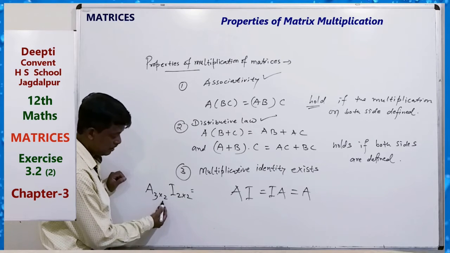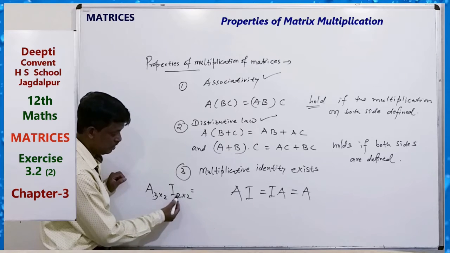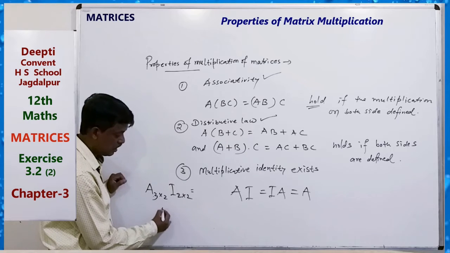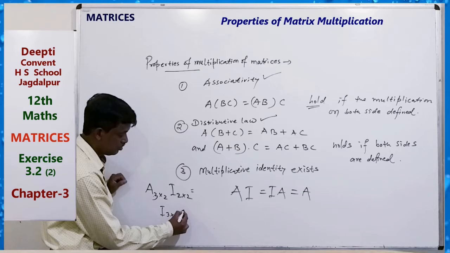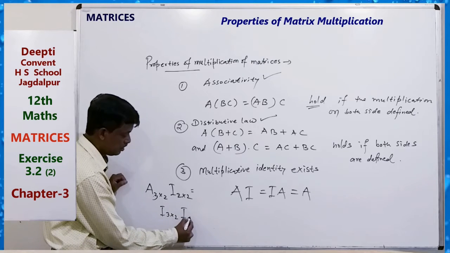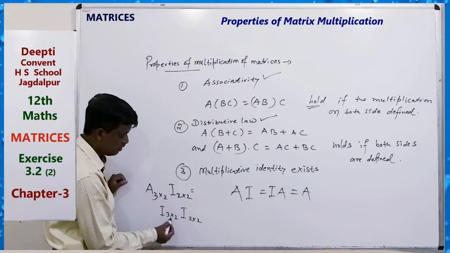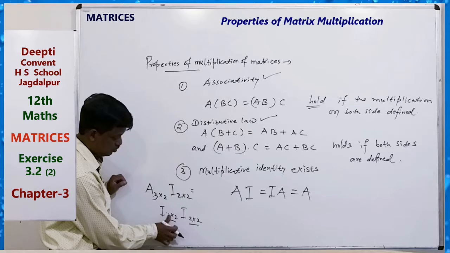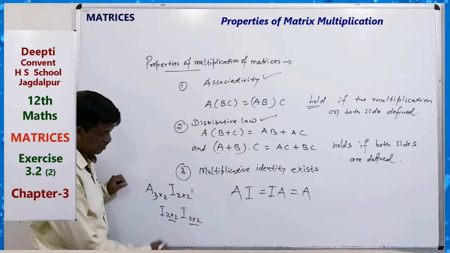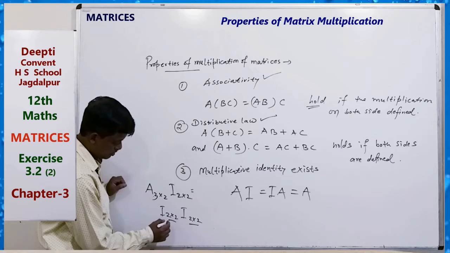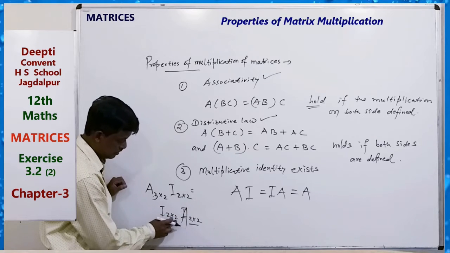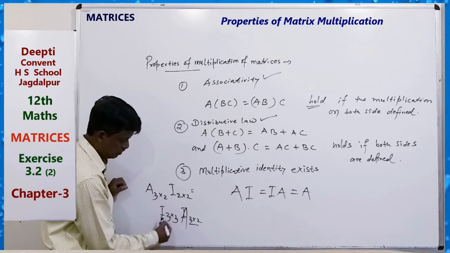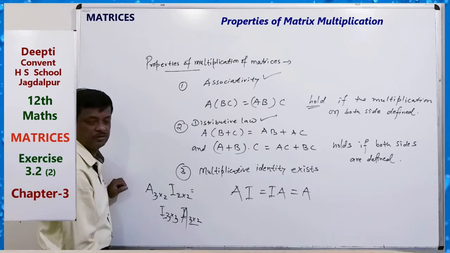Because this is 3 by 2 times 2 by 2, giving 3 by 2. Clear? Here I, 3 by 3, times A, 3 by 2, also gives 3 by 2.